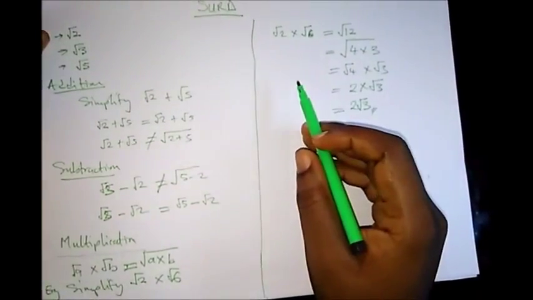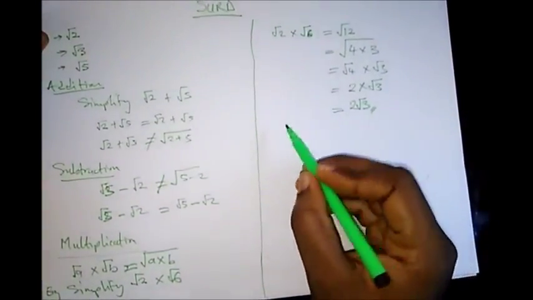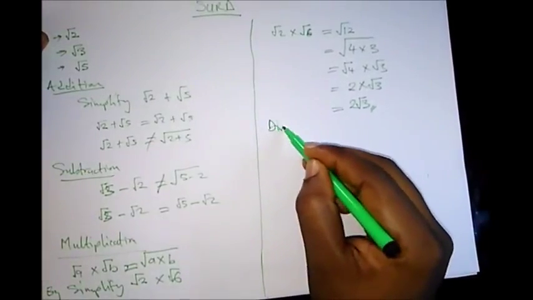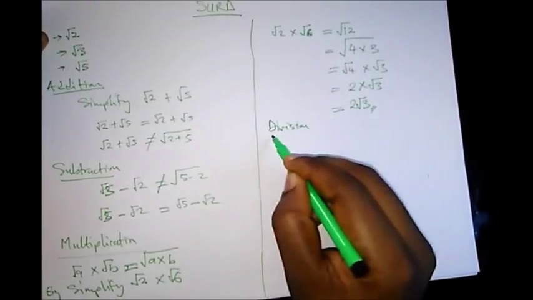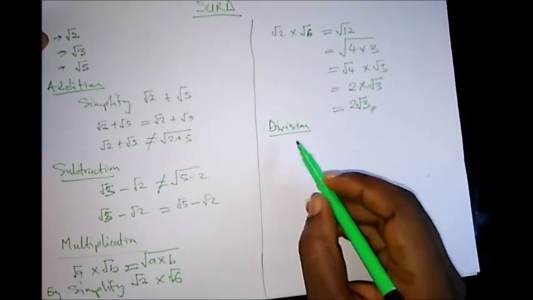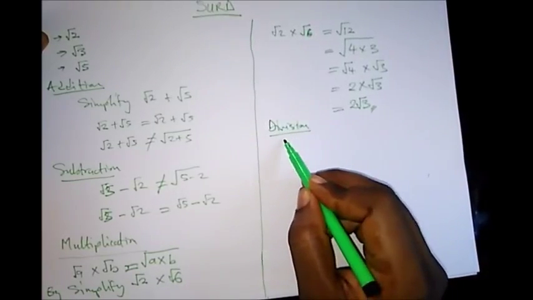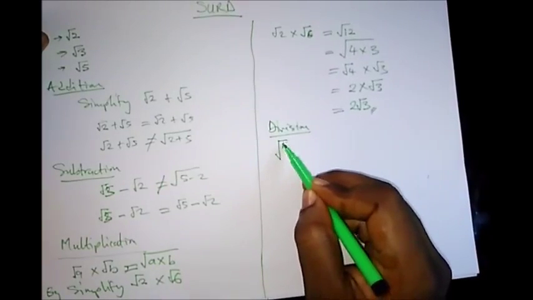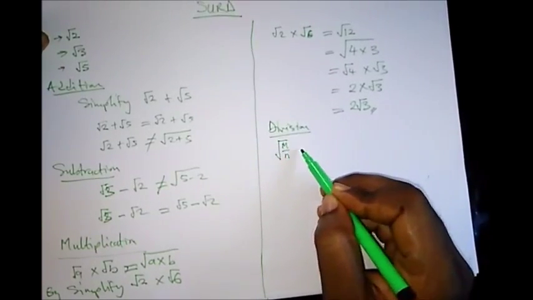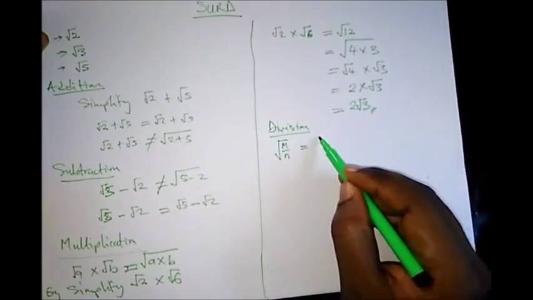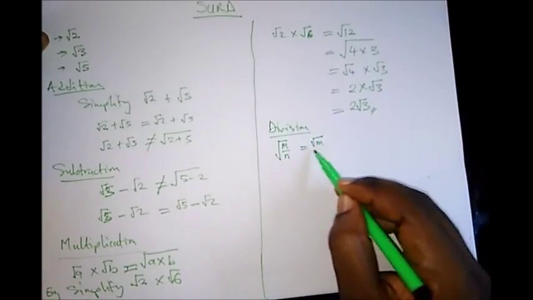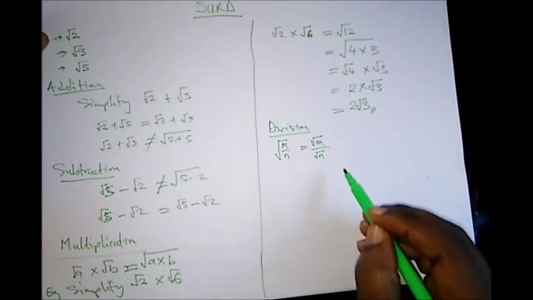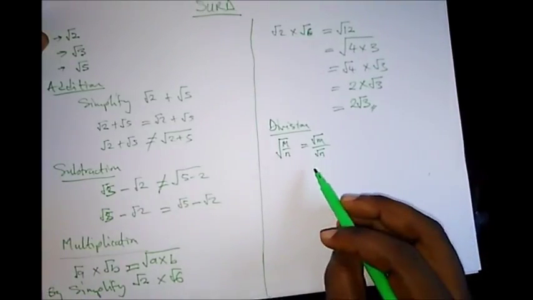Let's move forward to division in surds. Now, in division in surds, let's say we have this, division of root m over root n. It will be equal to root of m over n, and this is true for all surds.